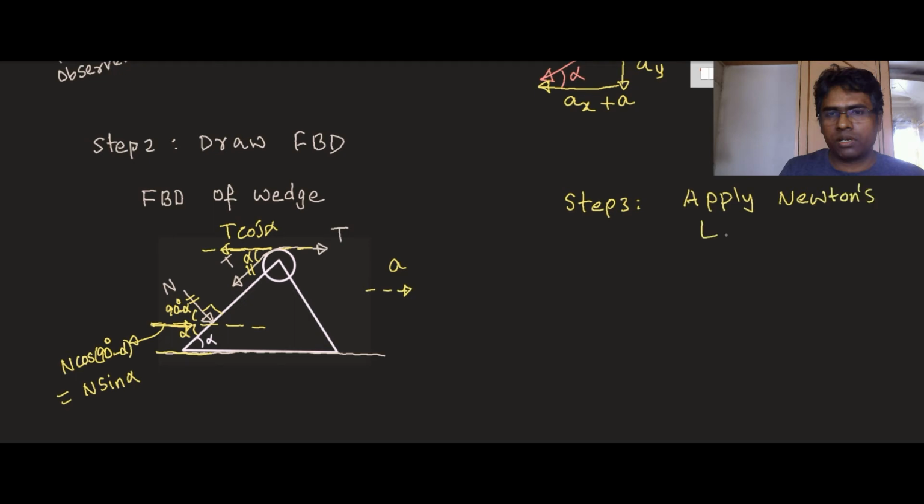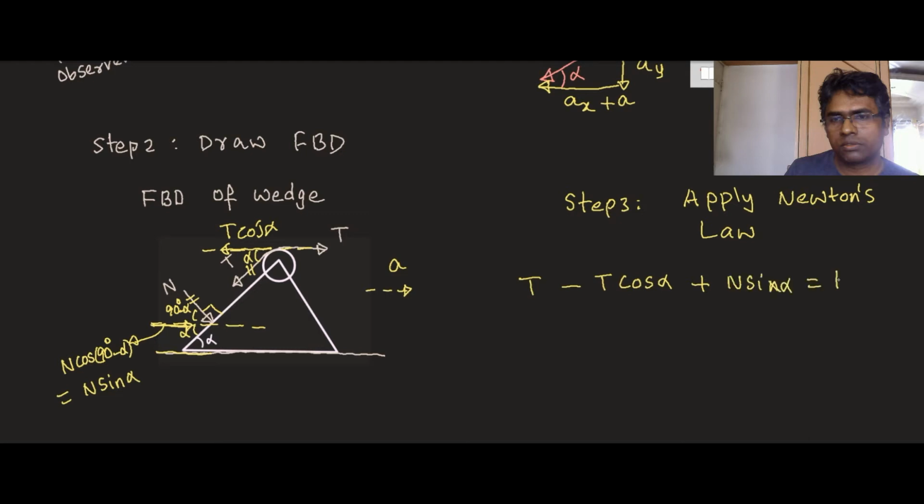So here, tension to the right, T minus T cos alpha, and if I take the component of the normal reaction, it is also to the right, so that would be plus N sin alpha. That's the net force acting on the wedge in the horizontal direction, so that would be mass into acceleration.